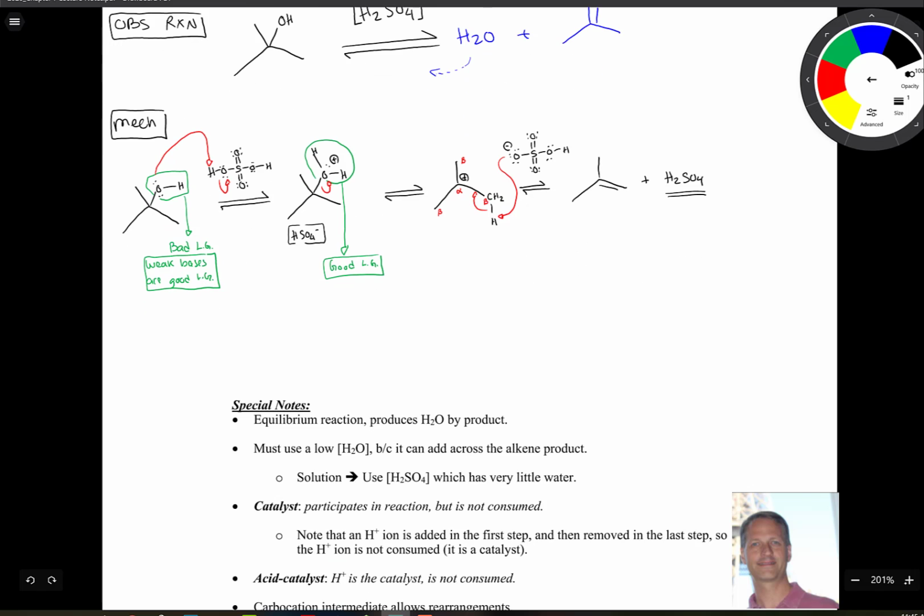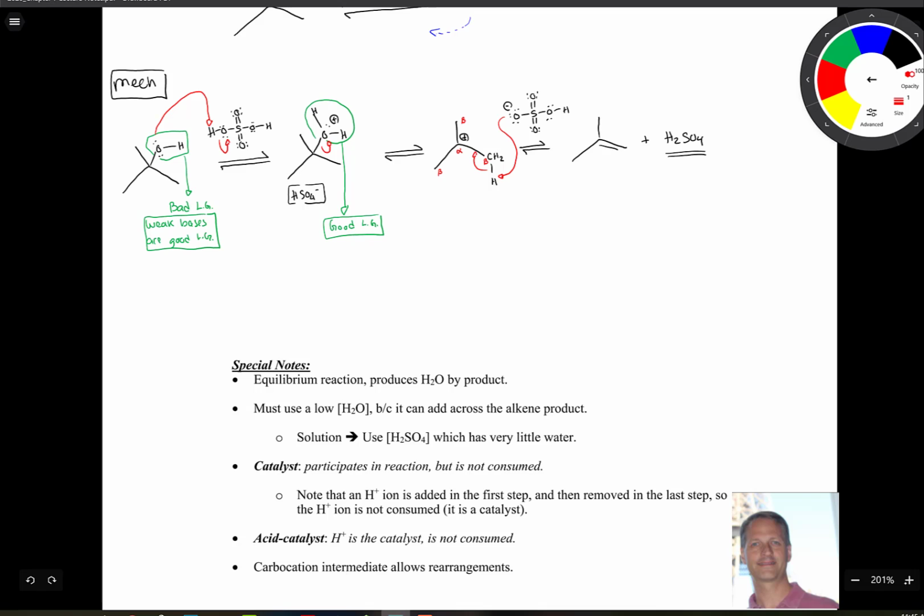So a couple bullet points about this. If you look down below here, notice it's at equilibrium, right? We saw water is a product. Again, we must use that low concentration, and we said it's because sulfuric acid, it's concentrated, right? That provides us with that low concentration of H2O.